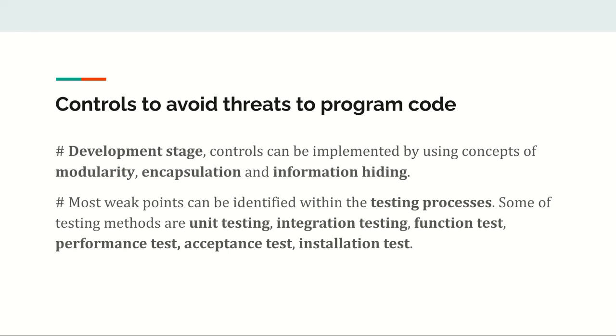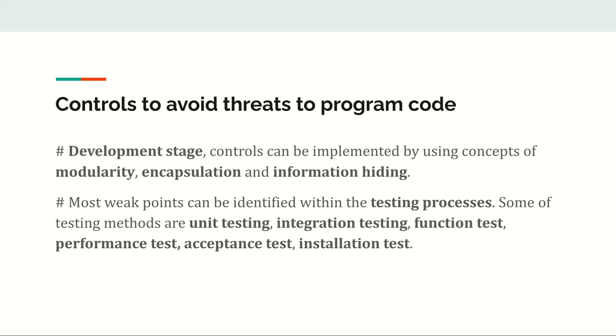So one module can be handled by one person, or a few persons, and it is clearly visible what the errors are when we modularize. Encapsulation means this module cannot be accessed by another module.